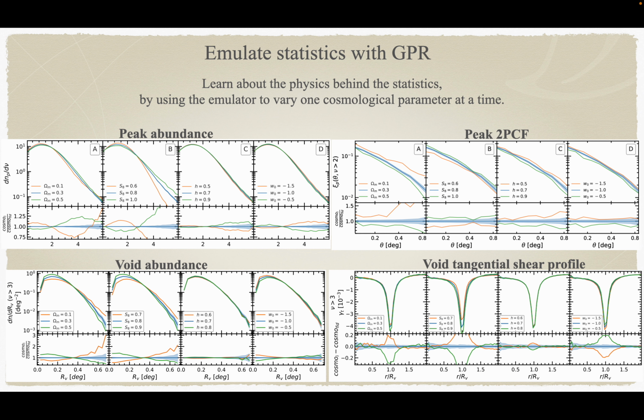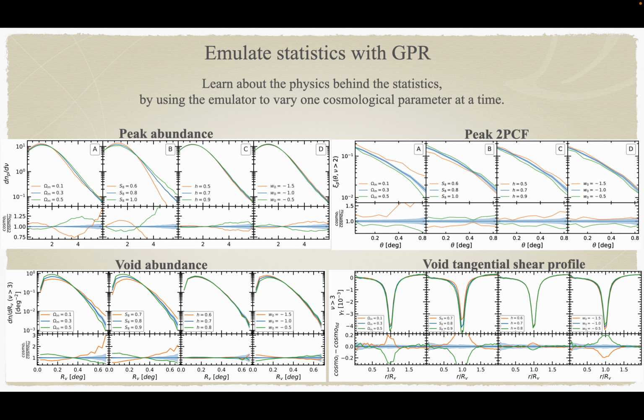You can see that most of the dependence on cosmology is coming from omega m and S8, with a small dependence on h and w0, where both the abundance of high amplitude peaks and low amplitude peaks appears to be sensitive to the cosmological parameters. So it is not just the high amplitude peaks that have useful cosmological information.